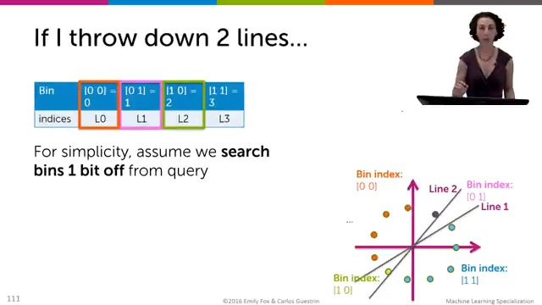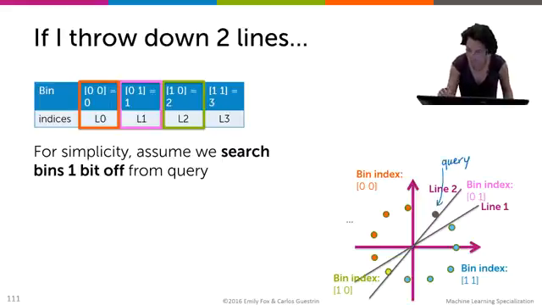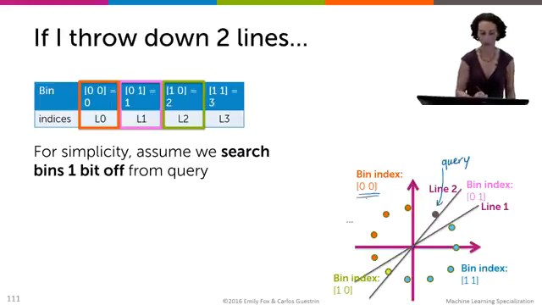Okay, so let's look at a specific example of locality sensitive hashing where I'm just going to throw down 2 lines. And for simplicity, I'm going to assume an algorithm where we search the bin that the query point falls into, as well as just 1 bit off. So in the case of throwing down 2 lines, we would search, for example, let's say that this is our query point here, and it has bin index 0, 0.